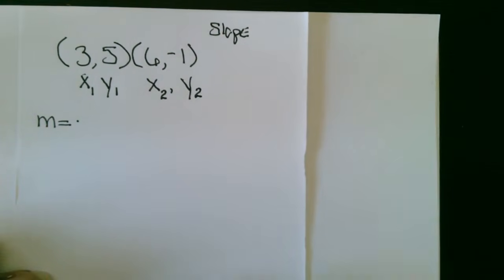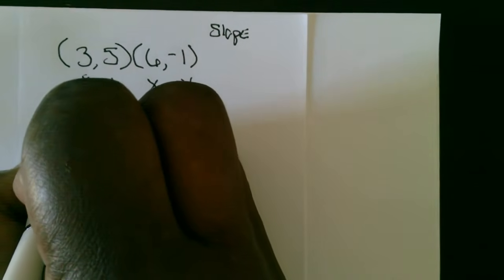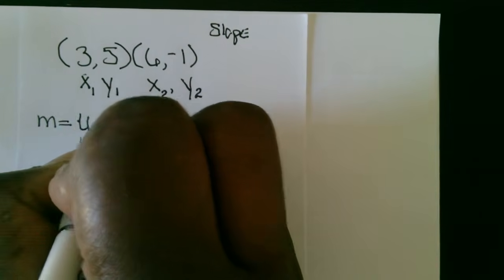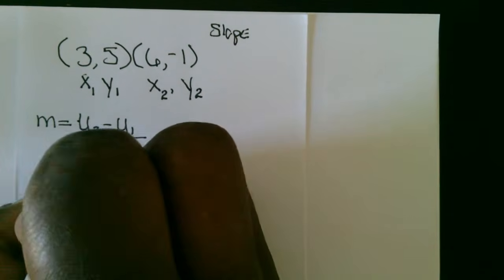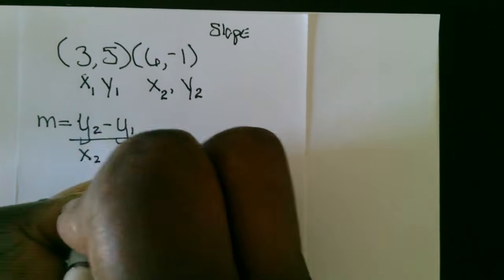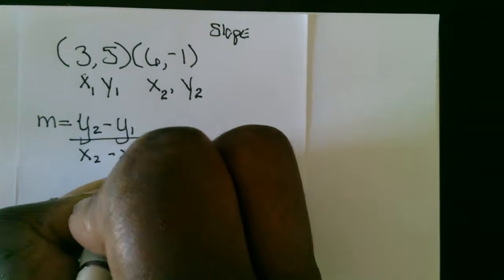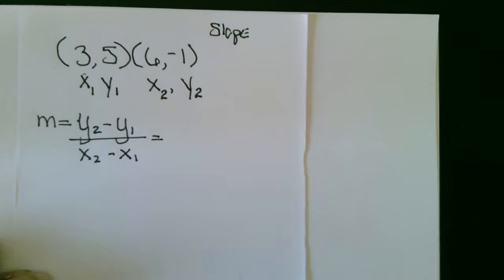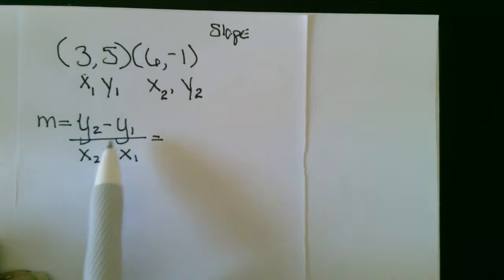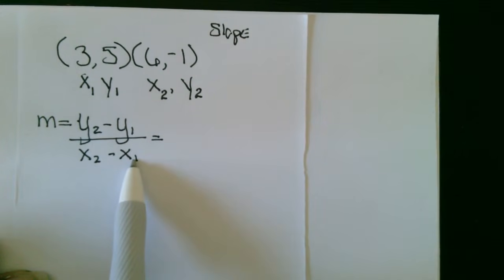So when you find slope, you can do the y sub 2 minus the y sub 1 over the x sub 2 minus the x sub 1. Okay? So once we get our information, we're looking at the changes of our y's over the changes of our x's. Now you're getting it.